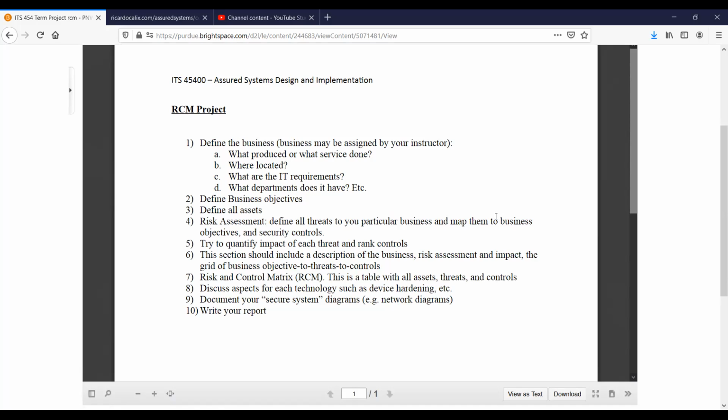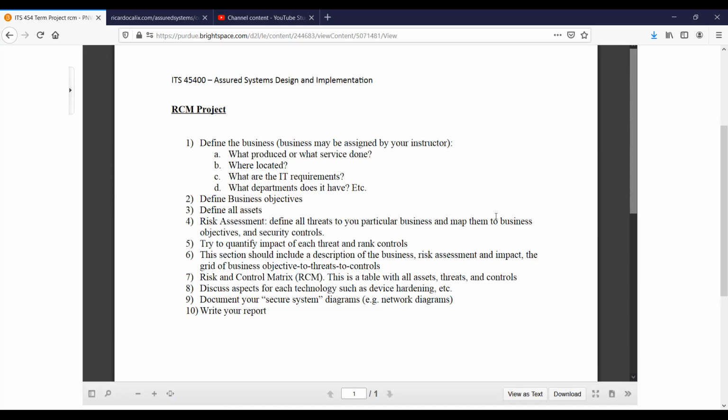And then you can include a description of the business, risk assessment, and impact. So it's the grid of business objectives to threats to controls. And then do the risk and control matrix, which is the table of assets, threats, and controls. Discuss aspects of each technology, such as device hardening, and then provide some network diagrams, and then write the report.